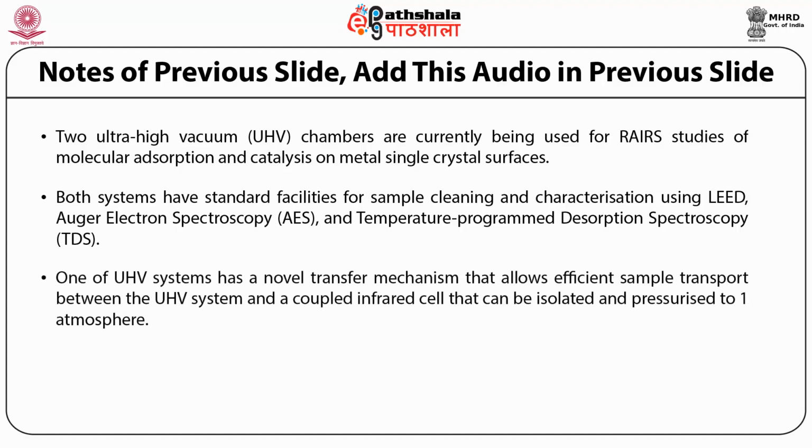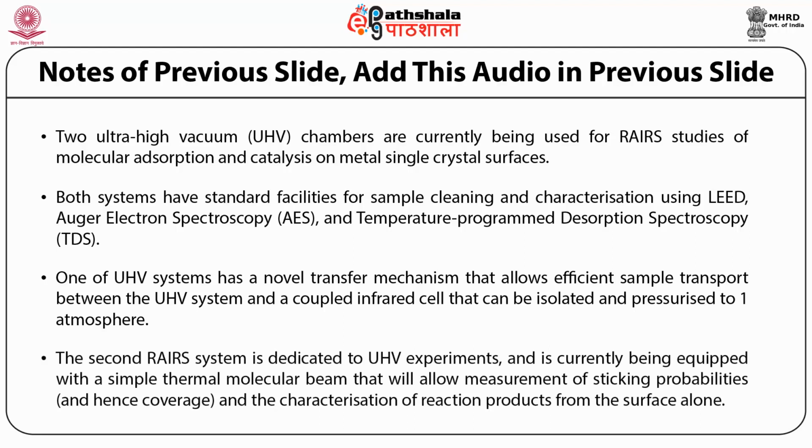One of the UHV systems has a novel transfer mechanism that allows efficient sample transport between the UHV system and a coupled infrared cell that can be isolated and pressurized to 1 atmosphere.